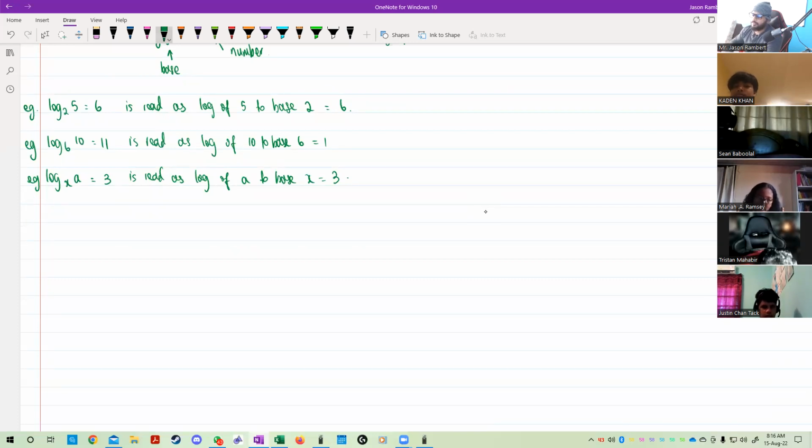All right, now let me go through the laws. Very simple laws, but very easy to make mistakes in the laws as well, especially law 1 and law 2, just like indices. The main thing in indices we tried to look for was what?